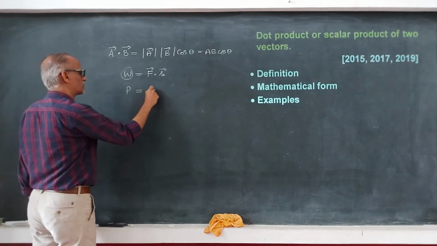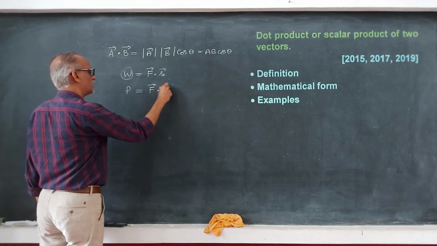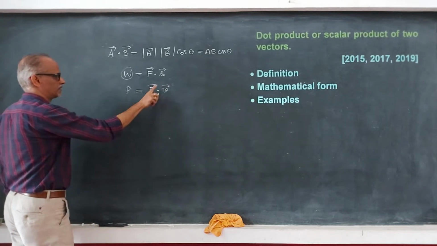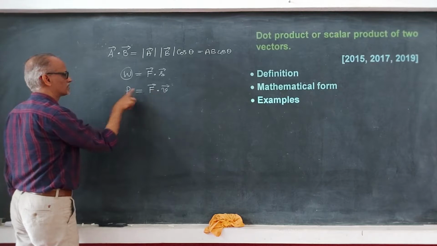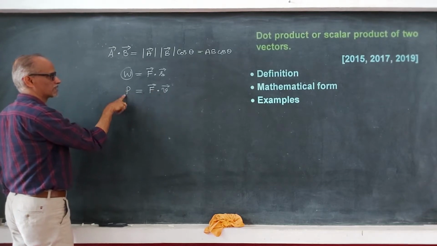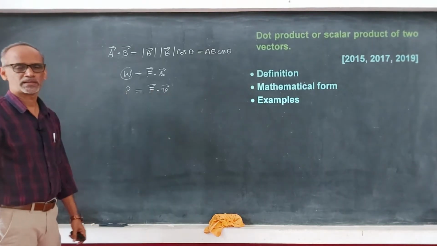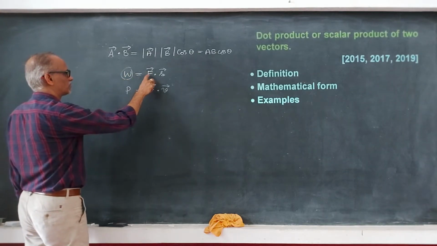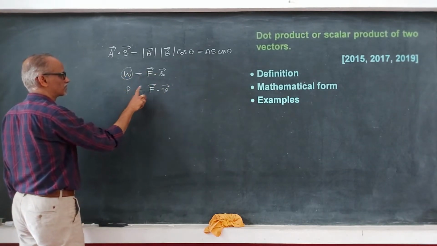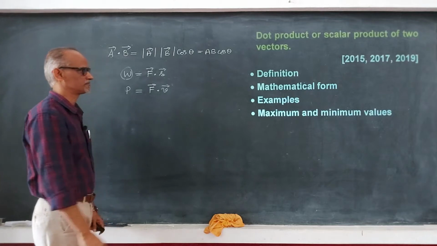Power is the dot product of the force and the velocity. Force is a vector, velocity is a vector, the product gives you power, and power is a scalar quantity. So what are the examples? Work is the dot product of force and displacement, power is the dot product of force and velocity.